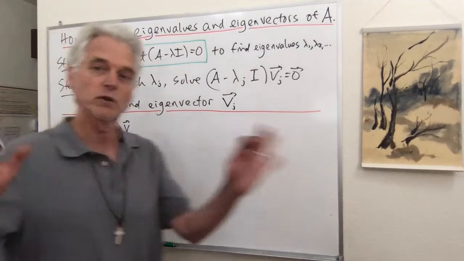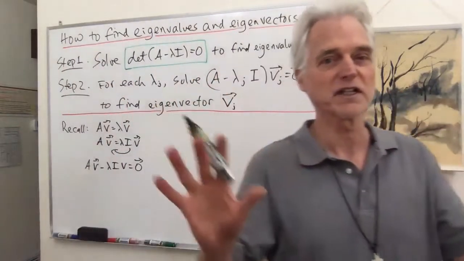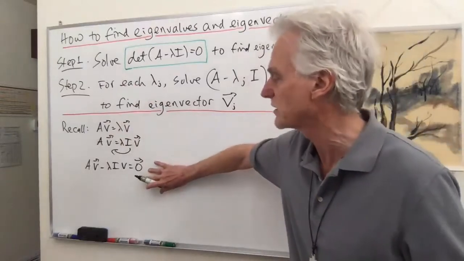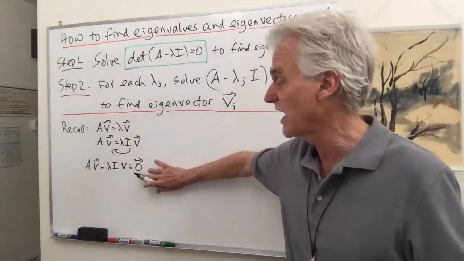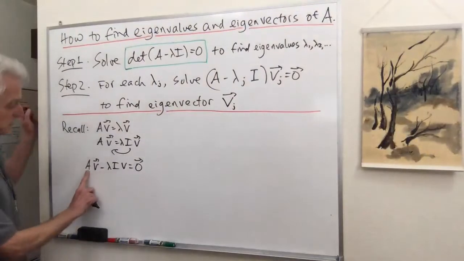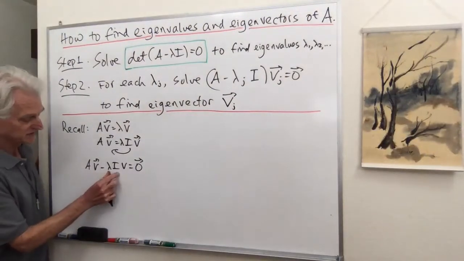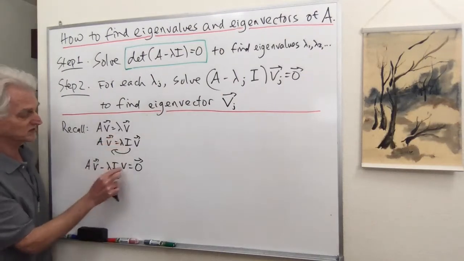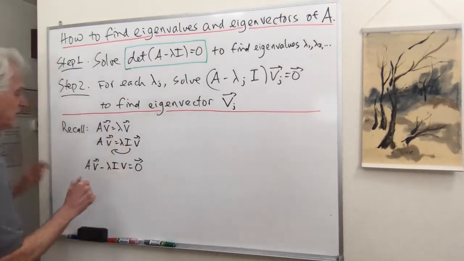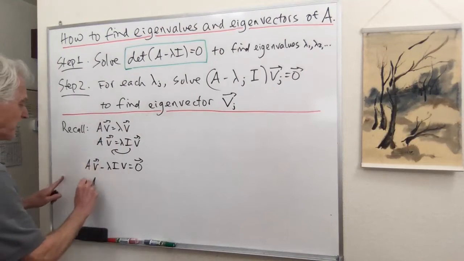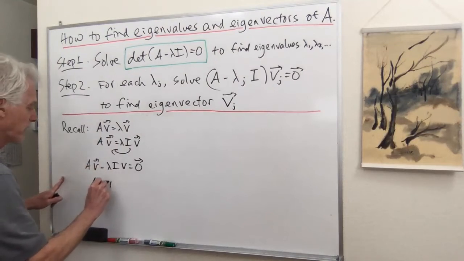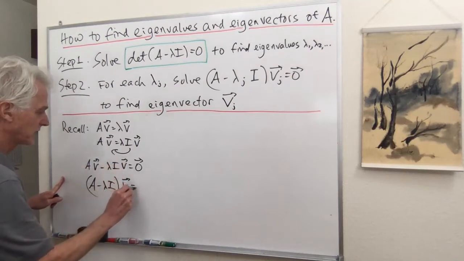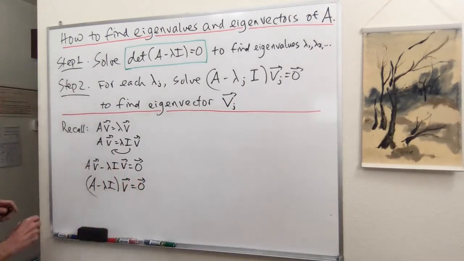It's a little bit like factoring an equation. When we solve an equation, we like to have something equal 0. So here, this is the 0 vector. And not only that, but here's a matrix times a vector. This is now a matrix times a vector, where before it was a scalar. It makes it nice. We can group these together and get A minus lambda I times the vector V is 0.